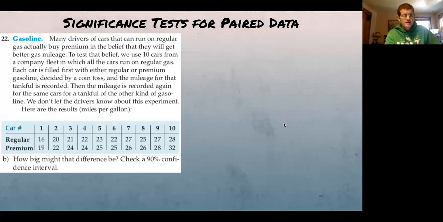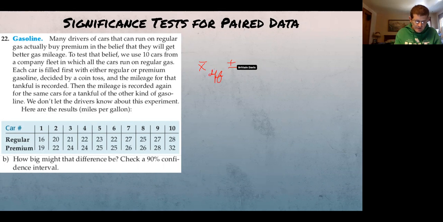Check a 90% confidence interval. I want to do this quickly. We've already run our checks for inference, and we already have the data. So I'm just going to do the calculation, which is x bar sub diff plus or minus the critical value times the standard error.